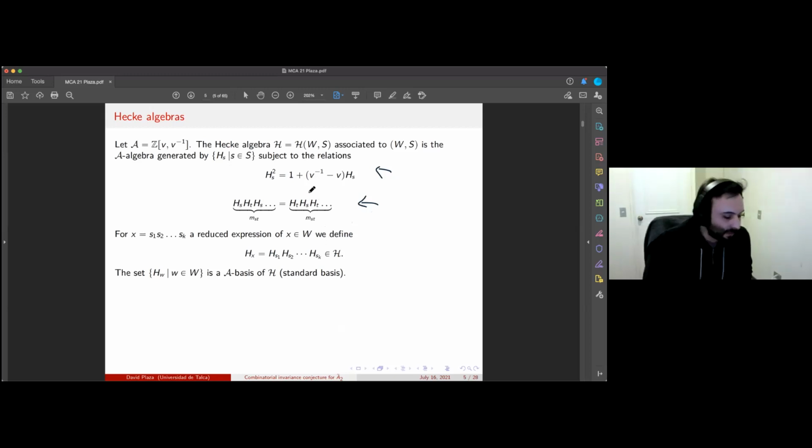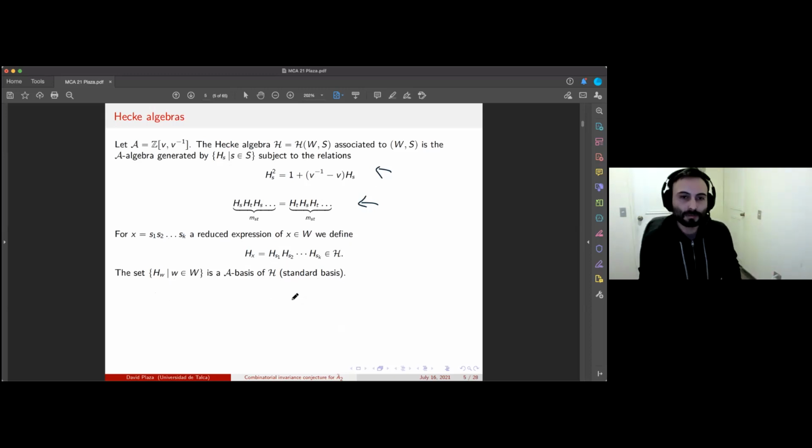And as in Christian's talk, we have a standard basis that is defined for any x in W. We consider any reduced expression for x, and we define the element H_x by replacing in the reduced expression group generators by algebra generators. And this is a basis.